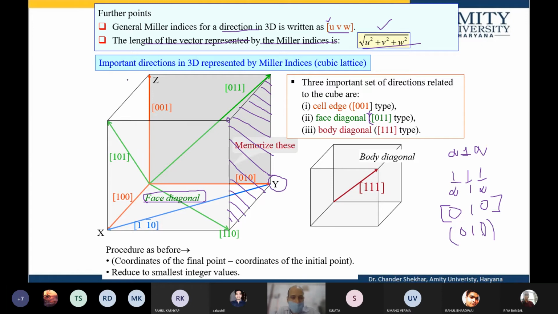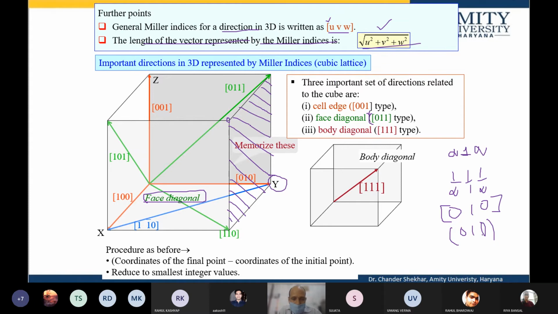Now, there are 6 planes that make a cube, and all these 6 planes are symmetrical, identical, and constitute a family of planes. So what kind of Miller indices can I have?